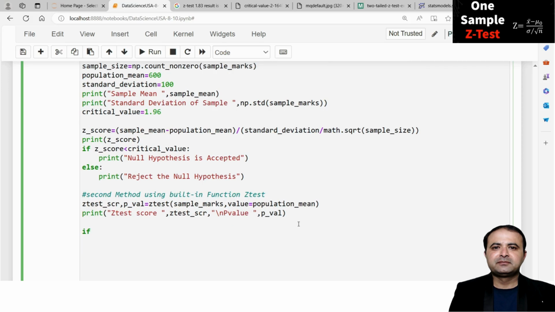And one more thing, like the p value greater than, so the similar.